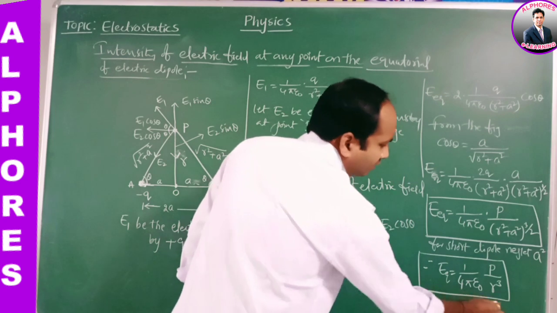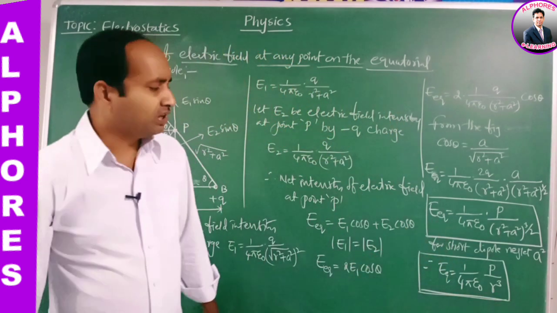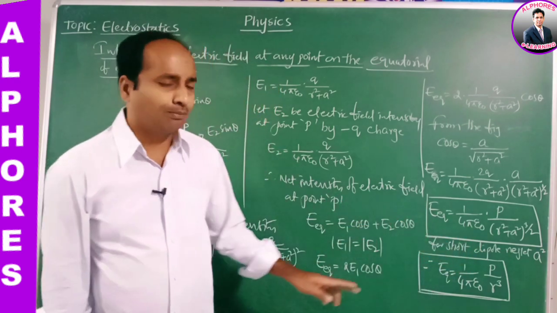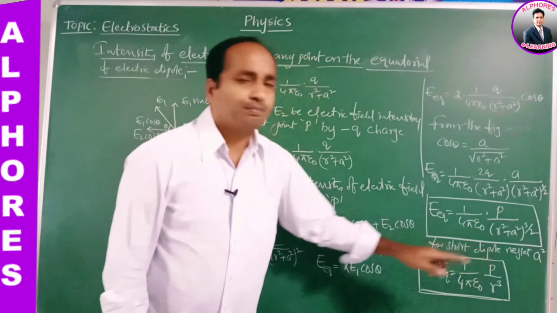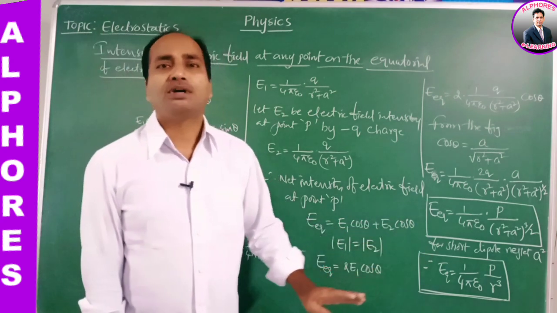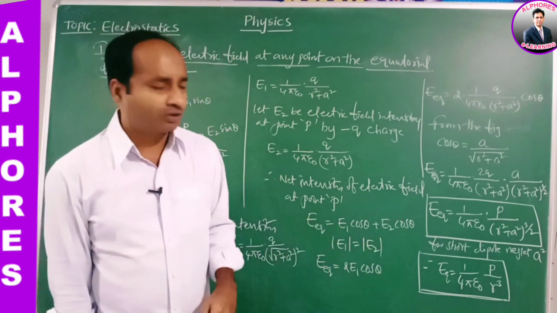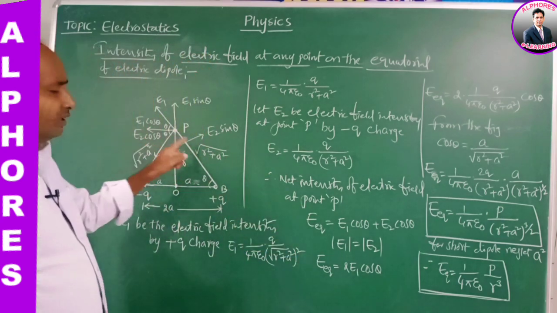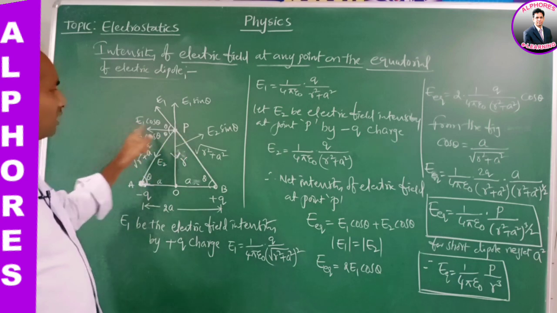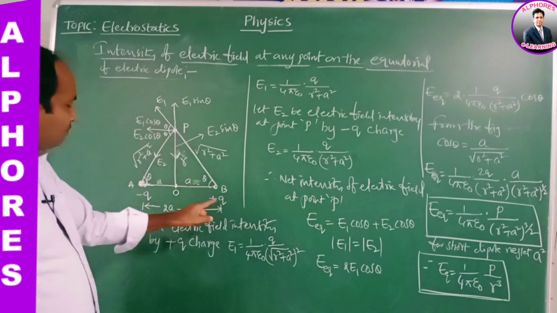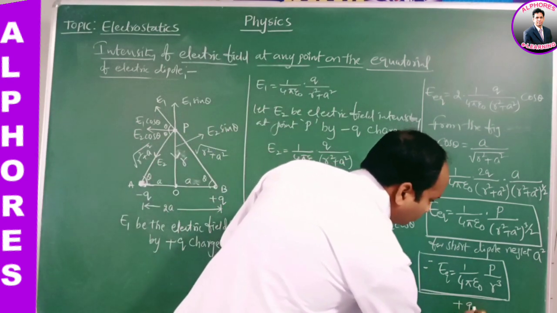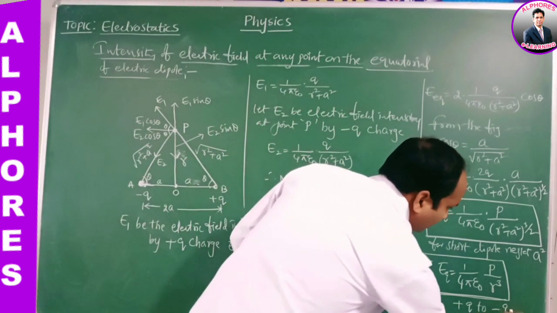This is about the intensity of electric field at any point on the equatorial line of an electric dipole. The formula is 1 by 4 pi epsilon naught P by r cube. On the axial line, it is 1 by 4 pi epsilon naught 2p by r cube. What is the direction here? See, the direction of the resultant of the horizontal components is along the left side, that is, from positive charge to negative charge. The direction is from plus q to minus q.